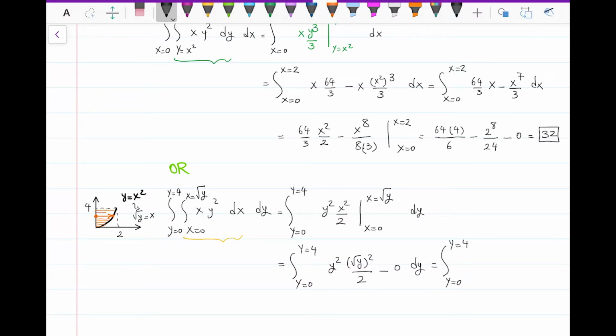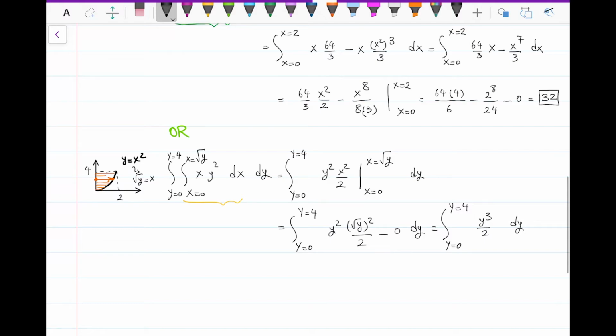So let me simplify that. From y equals 0 to y equals 4. So I get, this is y, another y squared, y cubed over 2, dy. I didn't solve the outer integral, okay? Now I have a constant. I'm going to write the constant.